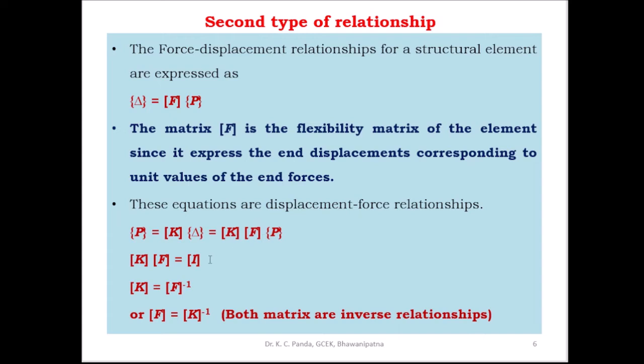Multiplication of these two matrices is the unit matrix, so P = I P. The stiffness matrix is the inverse of the flexibility matrix; both are inverse to each other. So F = K inverse.